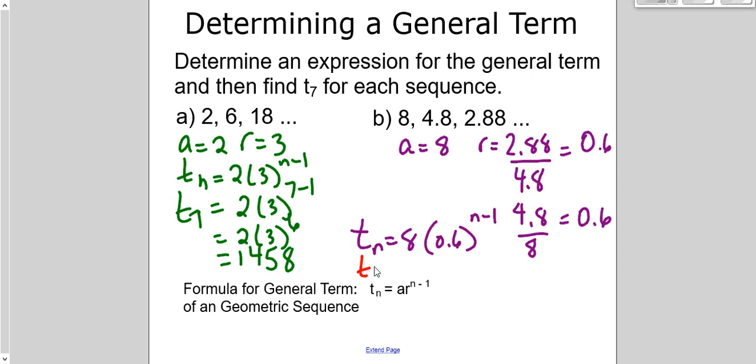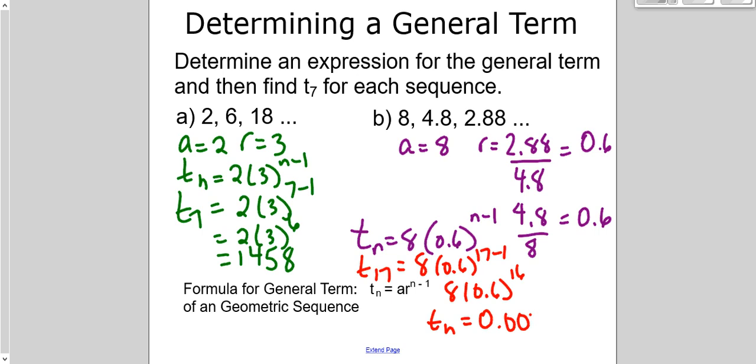And lastly, it asked me to find T17, so 8 times 0.6 to the 17 minus 1, so 8 times 0.6 to the exponent 16. 0.6 to the exponent 16 equals, and then times that by 8, still a teeny tiny number, 0.002 if I round. So if you can't identify your ratio, you can find it simply by dividing one number by the one in front of it, and that will give you your R value.